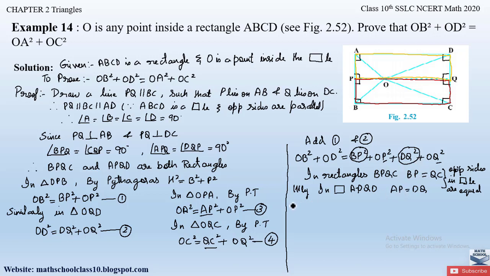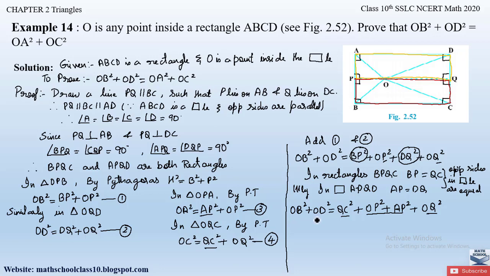So we will get OB square plus OD square equal to, instead of BP we will write QC square plus OP square plus, instead of DQ we will write AP square plus OQ square. Okay, so here if you observe, AP square plus OP square is equal to OA square and QC square plus OQ square is equal to OC square.